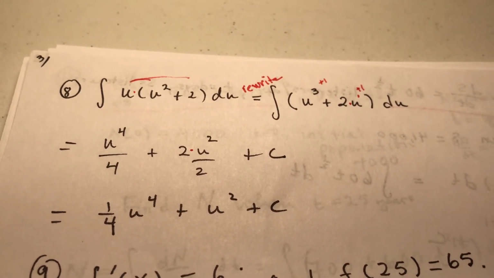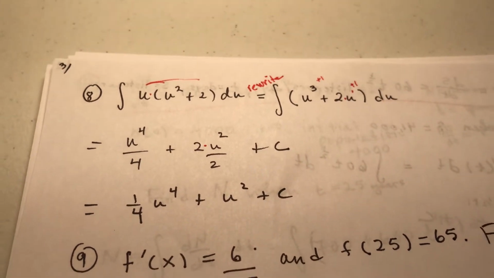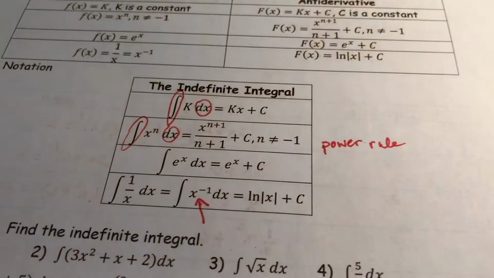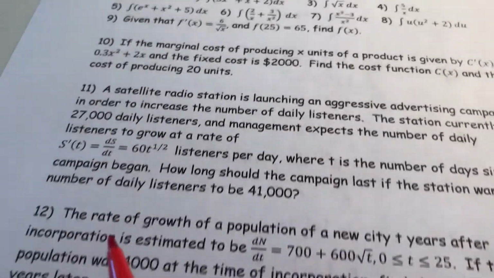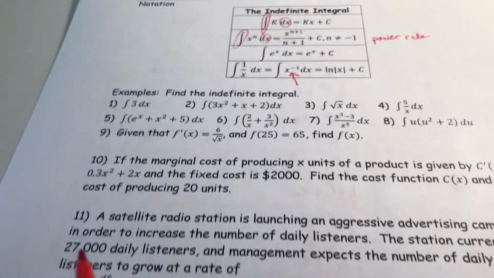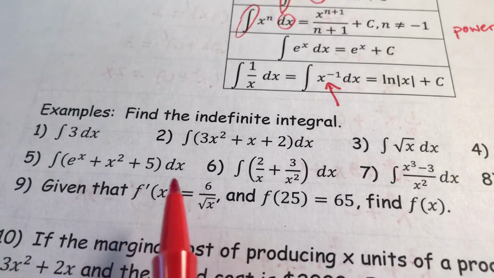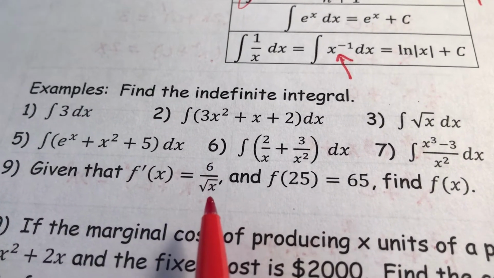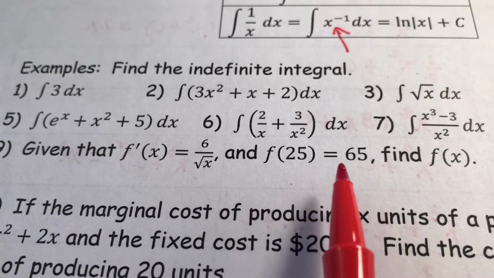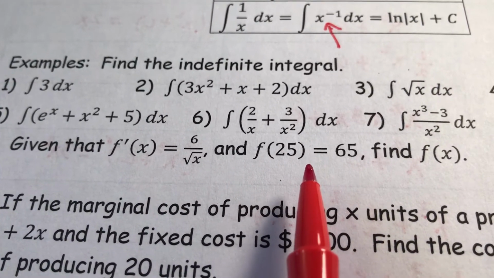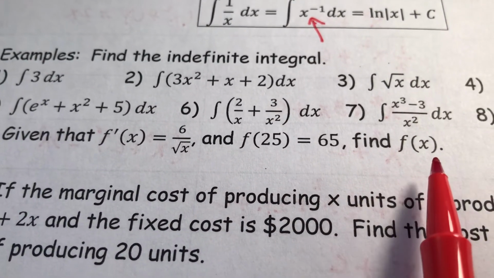All right, so that is a bit of practice. 9 gets a little bit different, and then we have some, of course, applications. This says, given that f prime of x is equal to 6 over square root of x and f of 25 equals 65, find f of x.